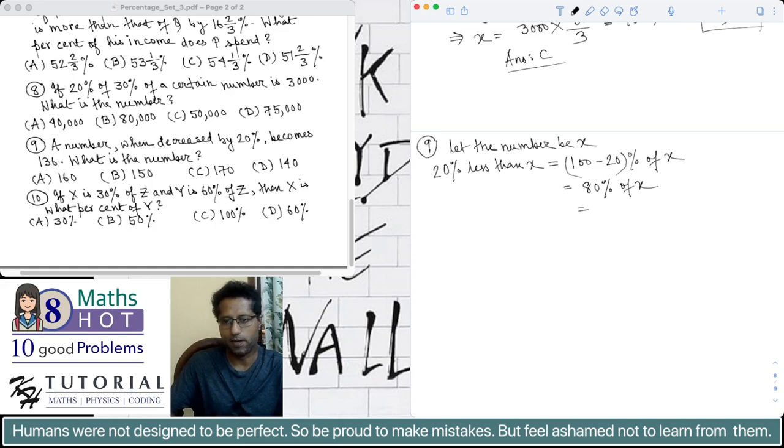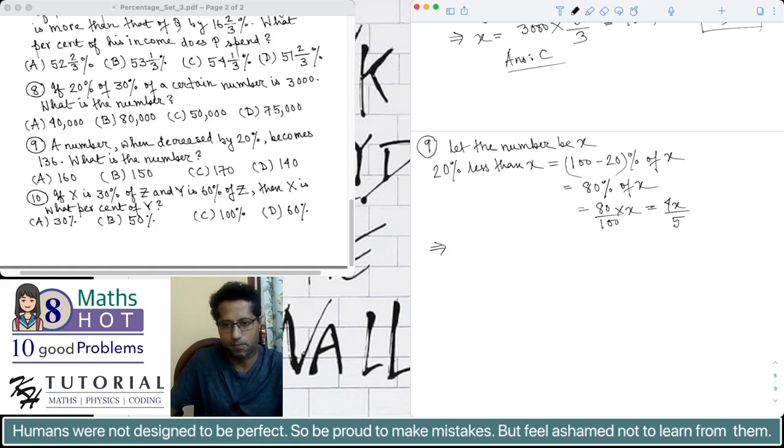This is equal to 80% means 80 by 100 multiplied by x. This after simplification becomes 4x by 5. So the number, when it is decreased by 20%, becomes 4x by 5 when we have assumed the original number to be x.